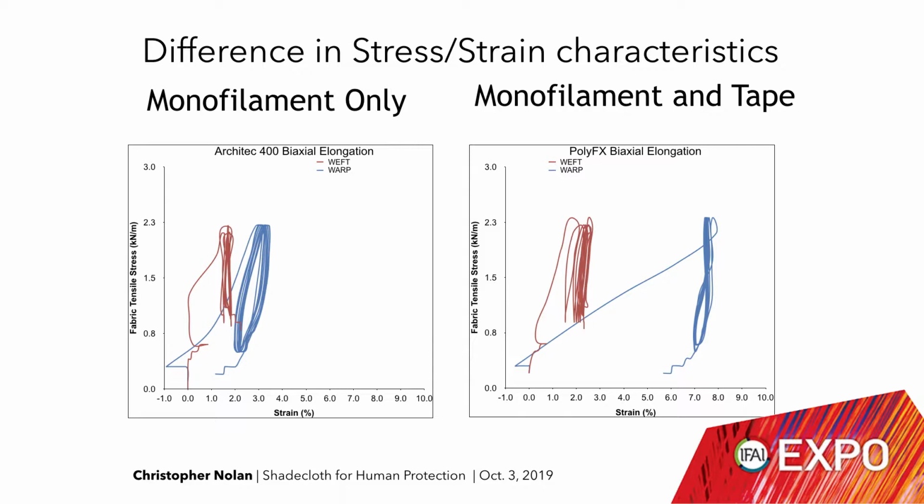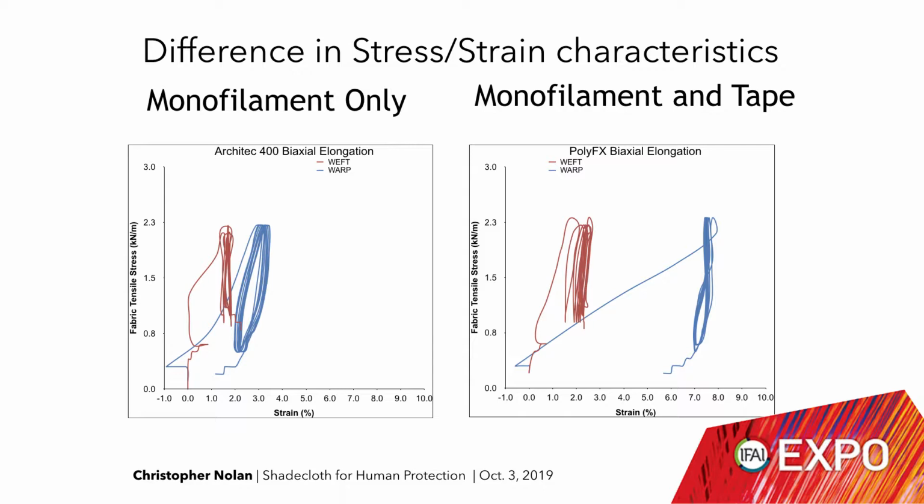And you can see there's a very big difference in the performance of those fabrics when subject to a biaxial load. What I mean by a biaxial load is where a stress is applied in two directions, which is what happens in the field. The graph on the right, the monofilament tape, you can see that where the tape has been inserted, the extension in the warp direction is very much more significant than on a monofilament.